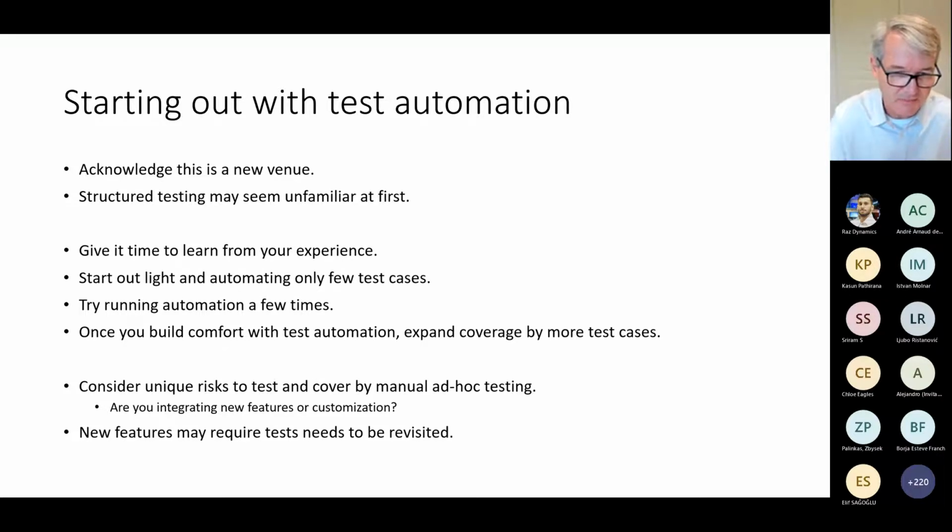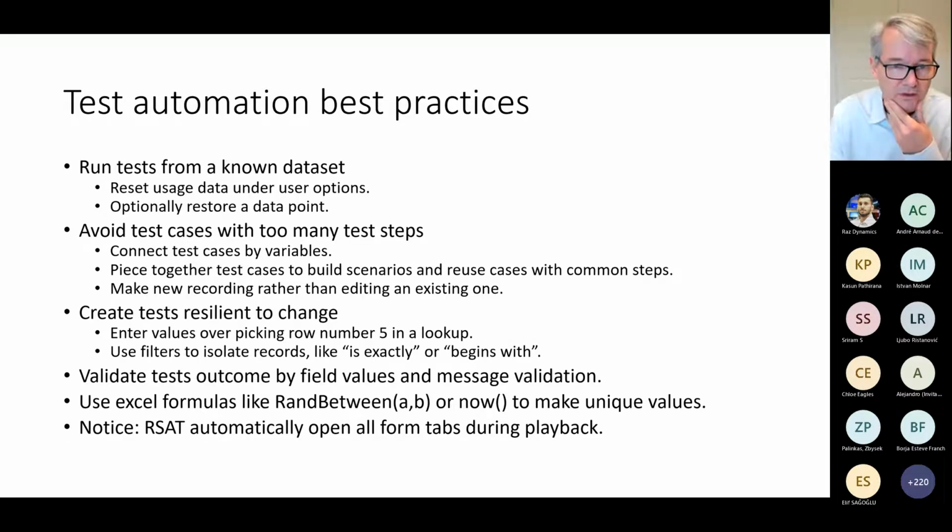But in that space, you might just want to do manual or ad hoc testing of that, because there are other areas that you would benefit more from having test automation. So make that assessment on whether test automation or manual testing applies well in this space.